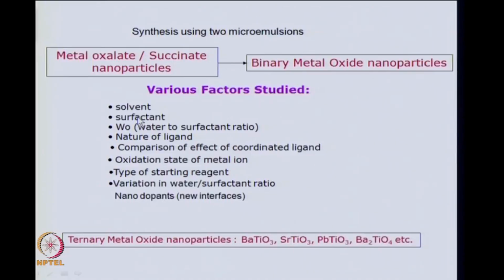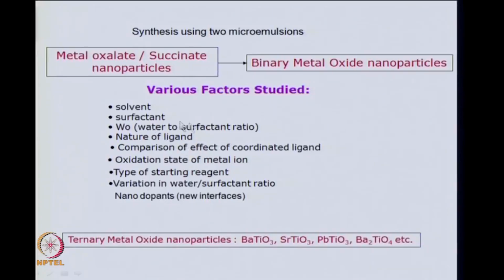So, you can vary the nature of the surfactant, you can vary the head group, what is the charge on the head group, whether it is positive or negative. Then you can change the W naught parameter, which is the water to surfactant ratio. That will also control the size of the microemulsion that is formed.